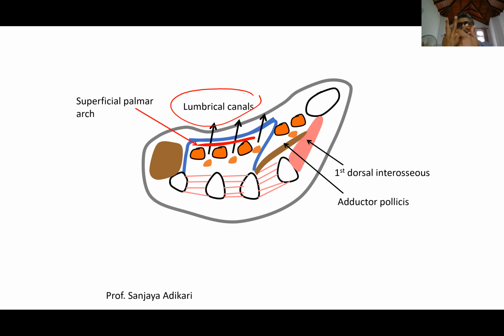There are three web spaces between the index and middle, middle and ring, and ring and little finger. So when they pass into the extensor expansion, they pass through the web spaces. So infections of the web spaces can spread into the mid-palmar space through the lumbrical canals. I'll show you a different diagram later. Remember that point.